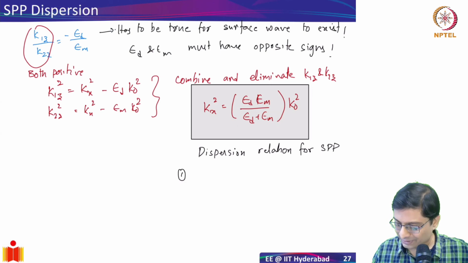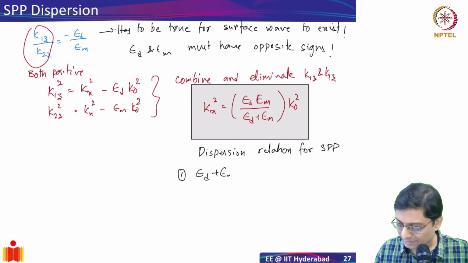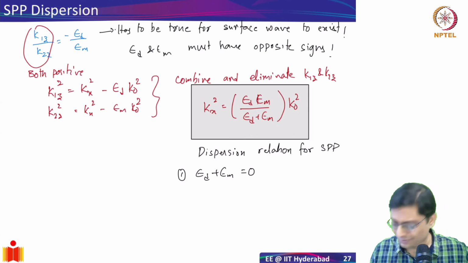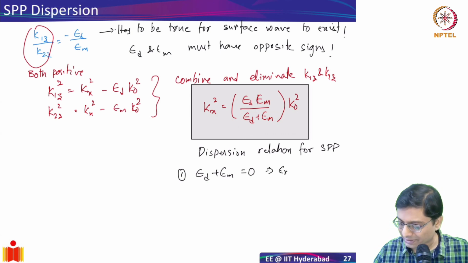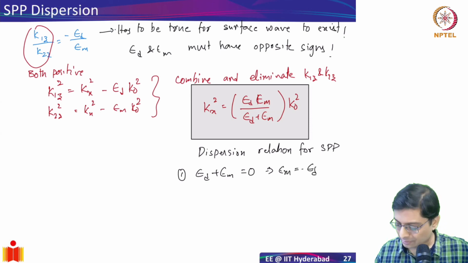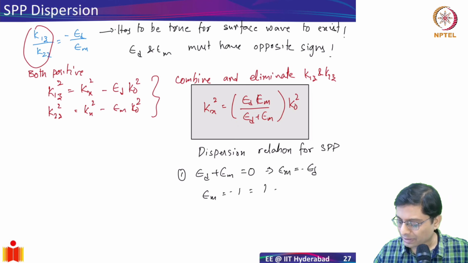So what happens if epsilon d plus epsilon metal equals 0? Can that be 0? Well, it can be. It simply means that epsilon metal equals minus epsilon dielectric. If I assume air, which is 1, my epsilon metal has to be minus 1. And epsilon metal is simply 1 minus omega p square divided by omega square.